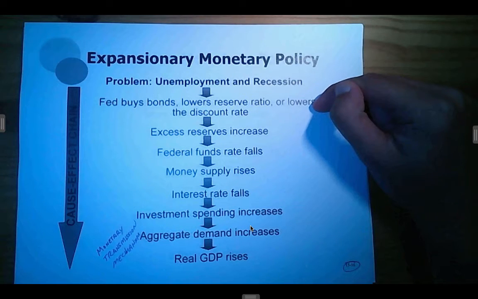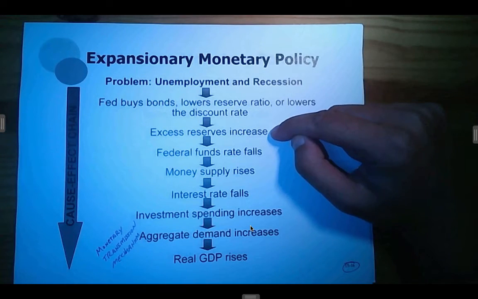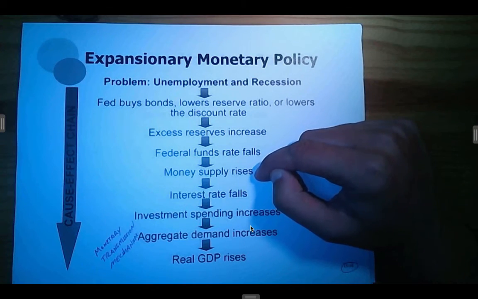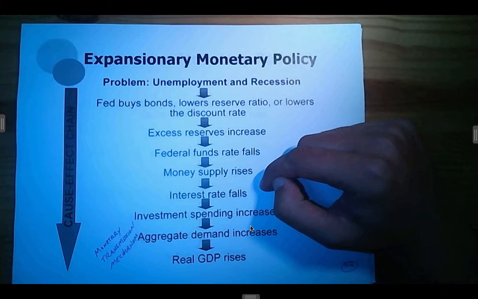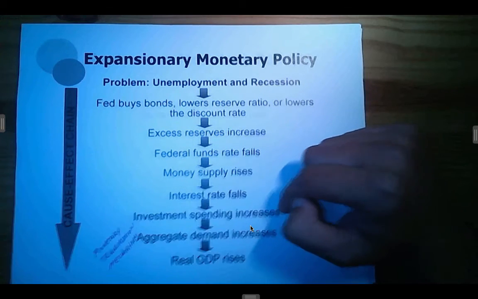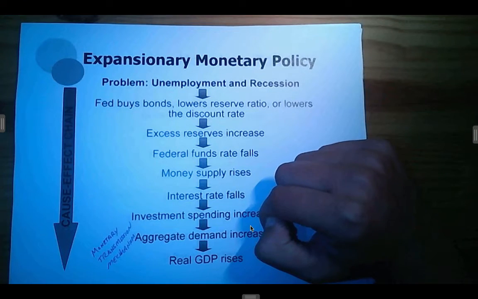What that does is it causes banks to have excess reserves. Banks lend out those excess reserves. And what we see is that the money supply keeps increasing. And as the money supply is increasing and the interest rate is falling, we get more investment spending, we get more consumption spending, consumers buying more stuff.